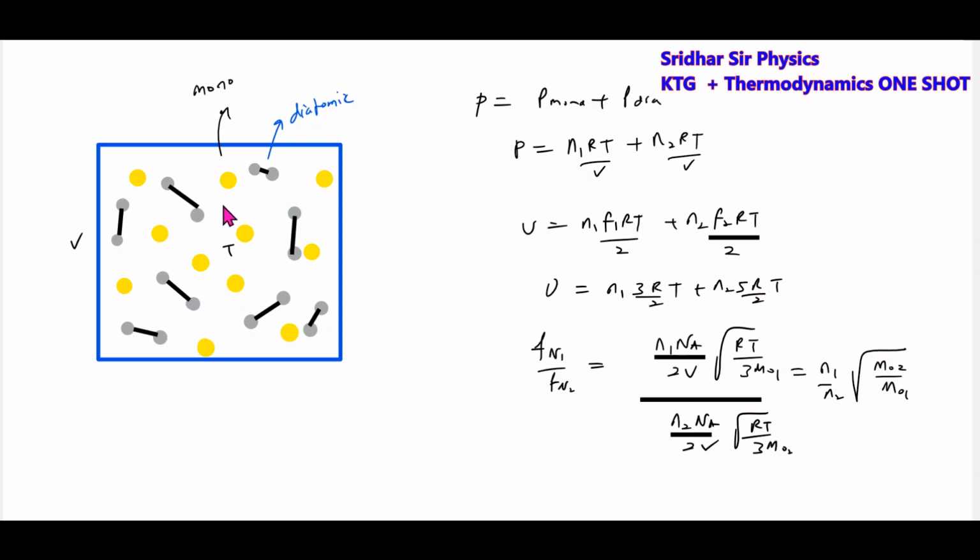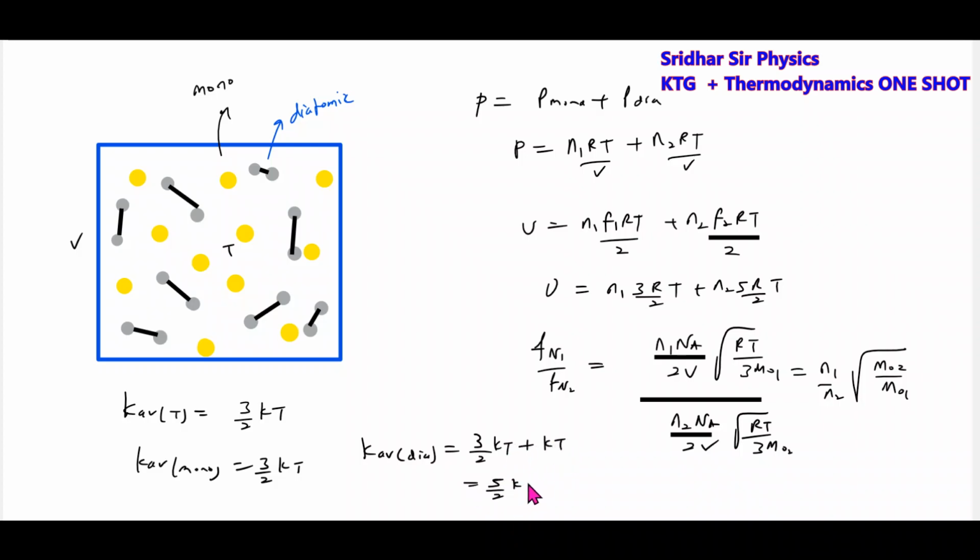These are all things to know. And what about the average translational kinetic energy? The average translational kinetic energy of both monoatomic and diatomic will be the same, 3 by 2 kT. Total energy will be different. For monoatomic gas it is 3 by 2 kT. For diatomic gas, it will be due to translational and rotational, 5 by 2 kT.